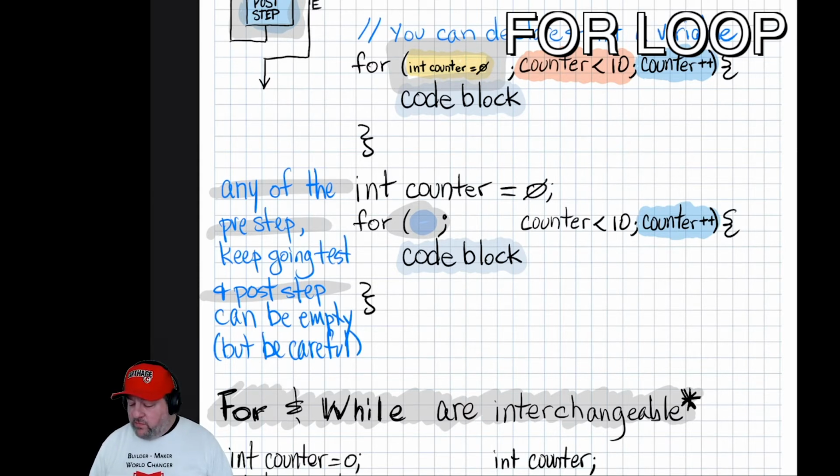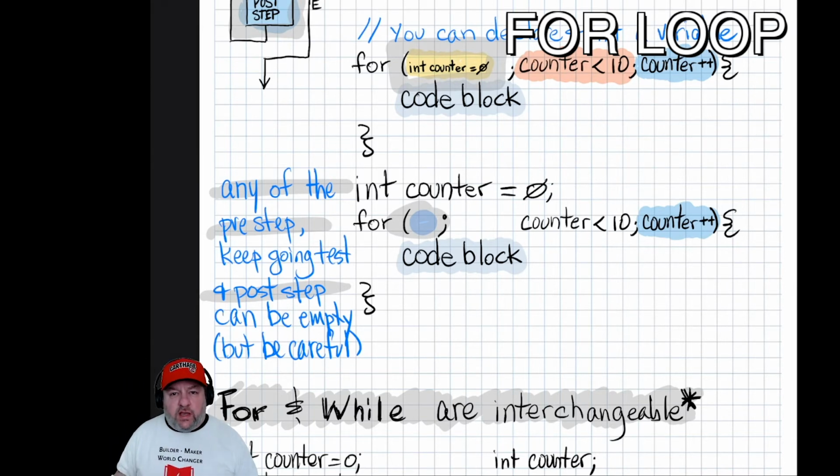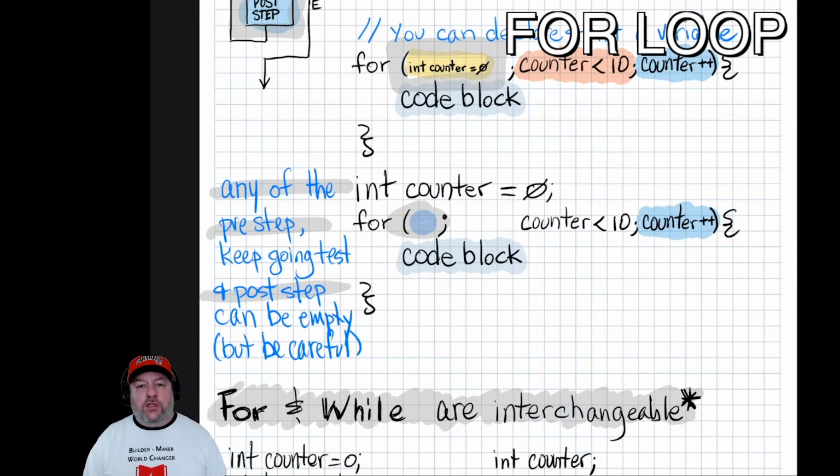If you were to leave the post-step blank, then nothing would be added onto the end of the loop. And if you were to leave the keep going test blank, you'd have to find some other way of exiting the loop. That hasn't been discussed in class yet, but it will be soon.